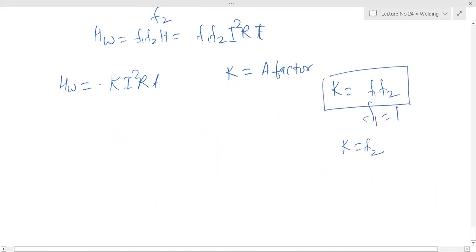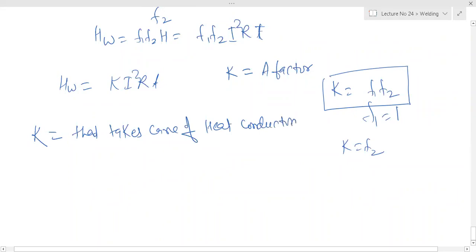So K is a factor that takes care of heat conduction and radiation through the workpiece. And the K value will always be less than 1.